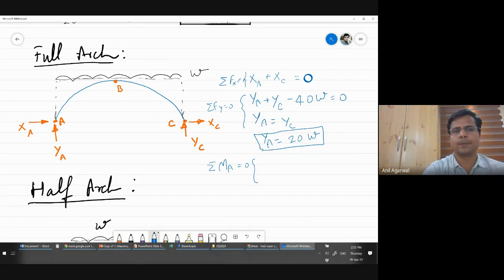That means 40 times W multiplied by distance 20, right? So that is clockwise moment, minus YC multiplied by, sorry, I think I'm making a mistake here.